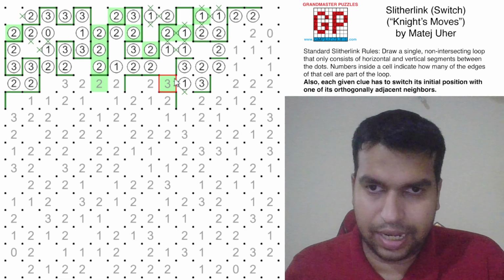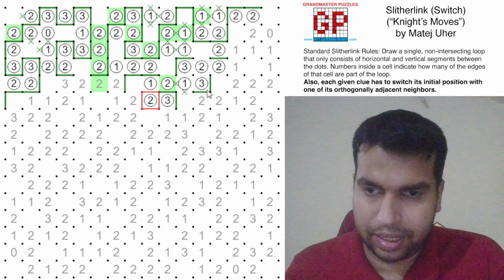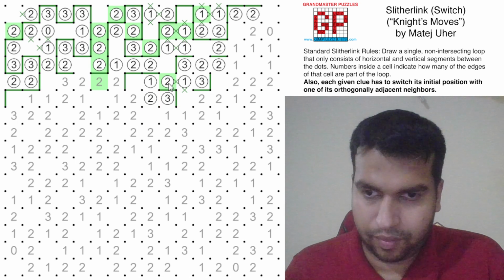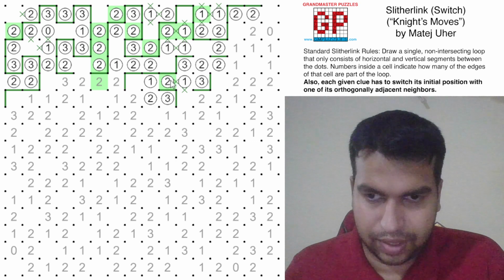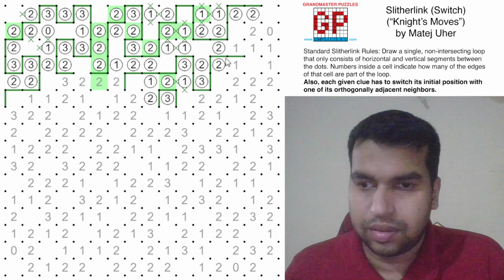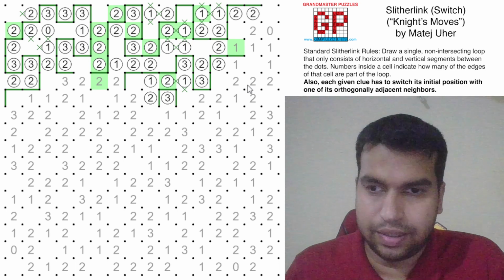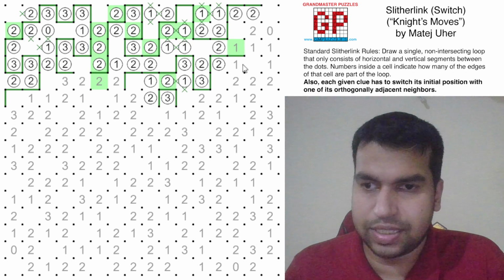So that means the three has to pair up with the two below, and that means these two also get forced as a pairing. And because of the one now, we get some more progress. Now this one is also a green digit, because we know it's a one, both of its neighbors.